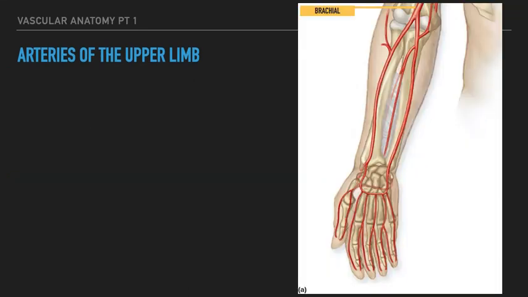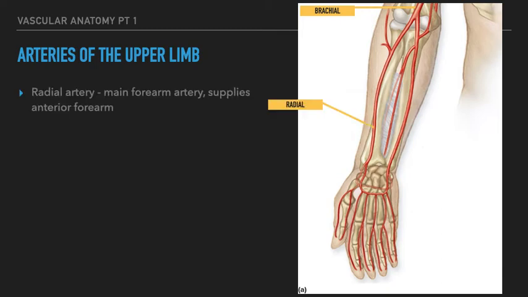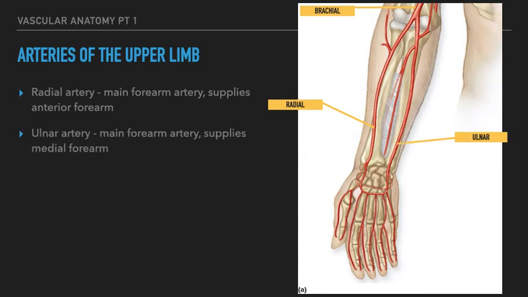So the brachial artery terminates when it branches into the two main arteries of the forearm, the radial artery and the ulnar artery. The radial artery supplies the anterior compartment of the forearm with oxygenated blood, and the ulnar artery supplies the medial aspects of the forearm.